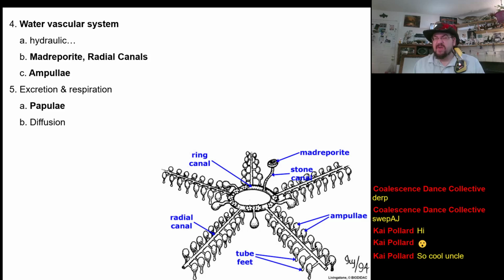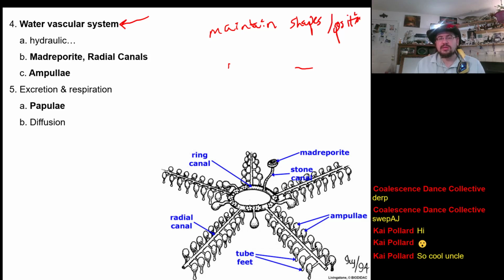Now there are some really fascinating things unique to echinoderms. The big one is the water vascular system. It is the system by which echinoderms can maintain certain shapes or positions, and also by which they can move and grasp. The water vascular system is hydraulic.